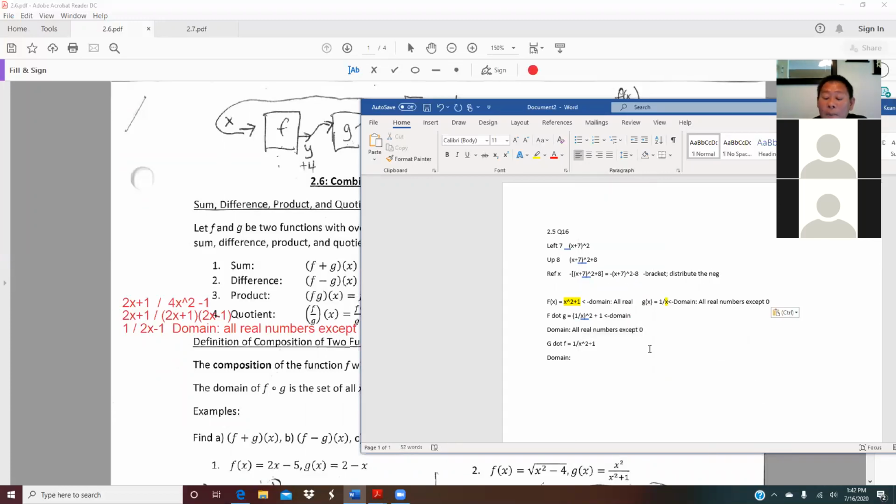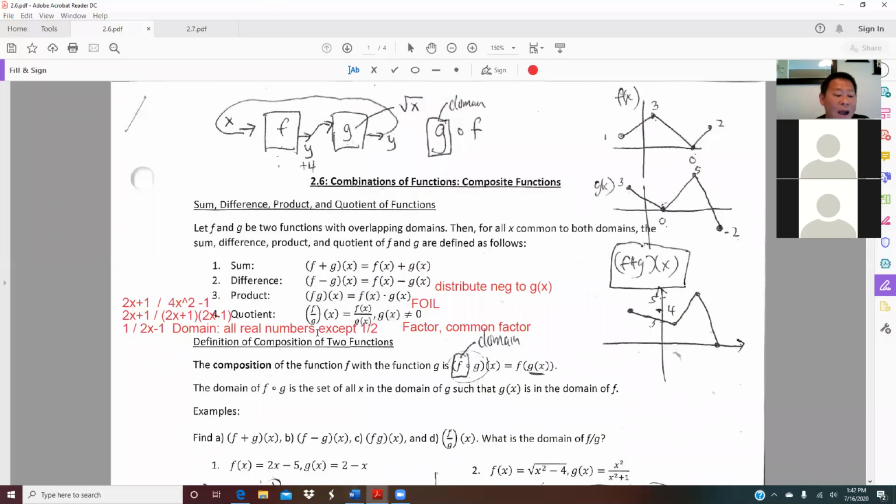But this domain is a very special case, because usually when you do domain, you set the denominator equal to 0. Remember last time when we did this example, how did we get 1/2? We took 2x minus 1 equals 0 and solved for it.